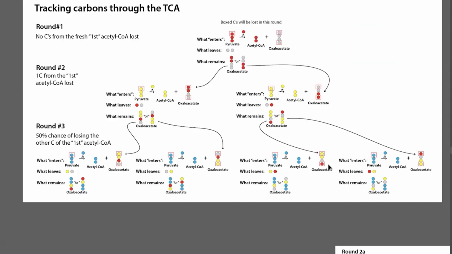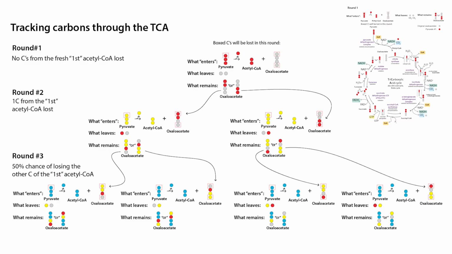And so we lose the ends, so we're losing a yellow and a red, or a red then a yellow. But either way, we're going to be losing that carbon from the acetyl-CoA that we had brought in that first round. So it takes us at least 3 rounds to get rid of the carbons from that acetyl-CoA that we brought in, those specific ones.